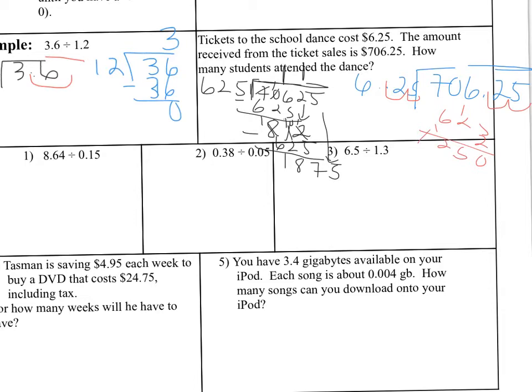Well, can it go 3 times? Well, 625 times 3 is 1875. So guess what? It goes in 3 times. So that means how many students attended? 113 students attended the dance.